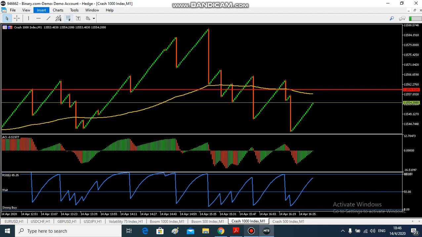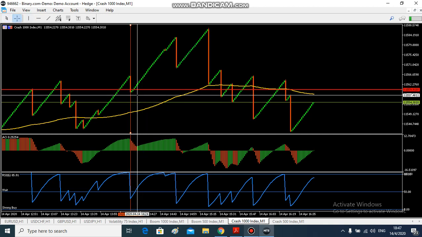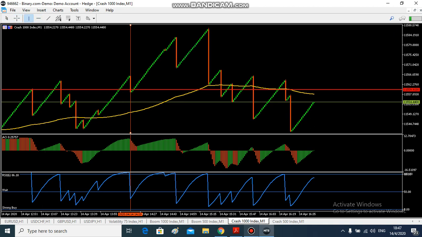So this is what happened. Price is trading above the 200. We have this spike come in, then price moves, then we get our confirmation right here.